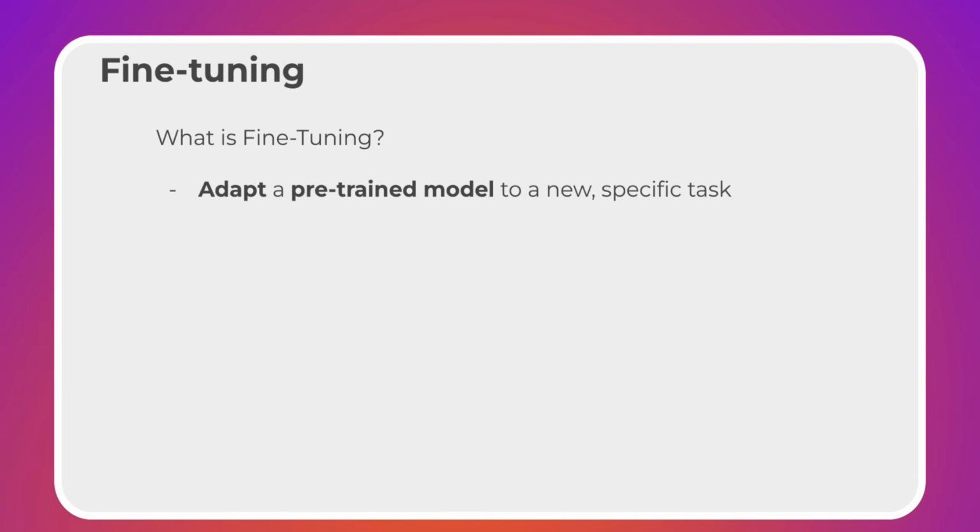Think of it like this: we have a pre-trained model, in this case a chef who has already mastered cooking a wide variety of dishes like pasta, pizza, sushi, and so forth. Fine-tuning would be teaching the chef to specialize in a very specific cuisine, like Italian food, by refining their skills for that particular style.